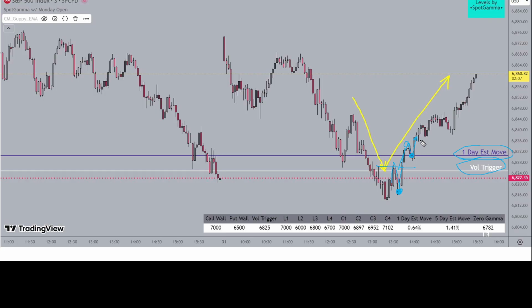In this case, you can take advantage of this and take a long position here or here. Why? Because we are in a positive regime, okay?